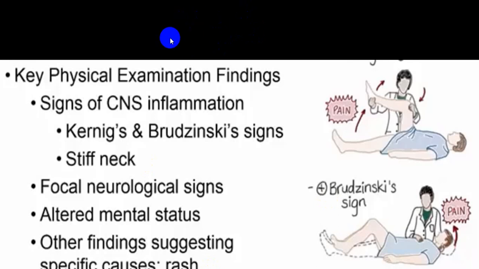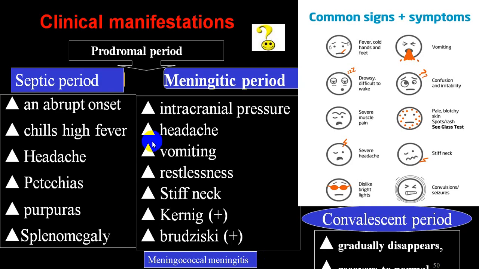Among bacterial meningitis, in an early stage, you will start getting inflammation of meninges giving rise to Kernig, Brudzinski sign and stiff neck. Focal neurological symptoms and signs, altered mental status, and particularly in case of meningococcemia, you can have a rash, but rashes are more common with viral infections rather than bacterial meningitis.